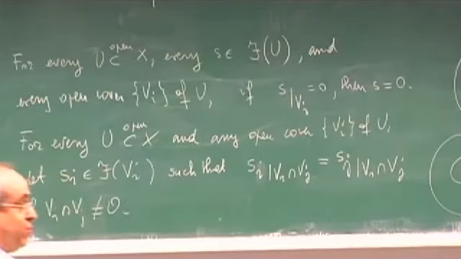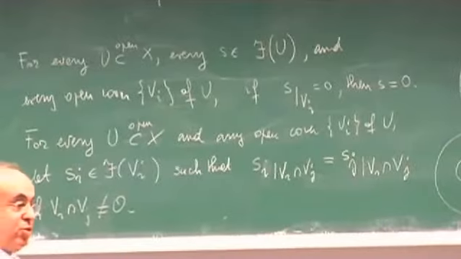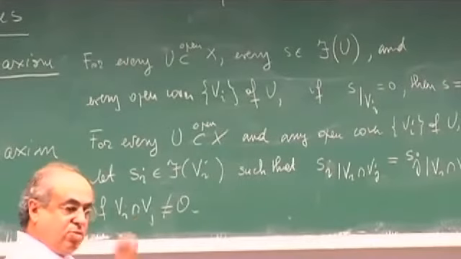Then the idea is that we have a global section over U, which restricts to the given Si.